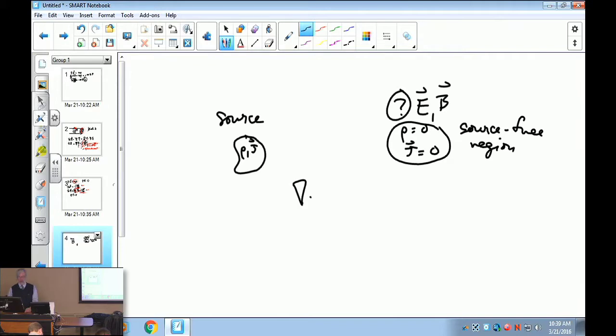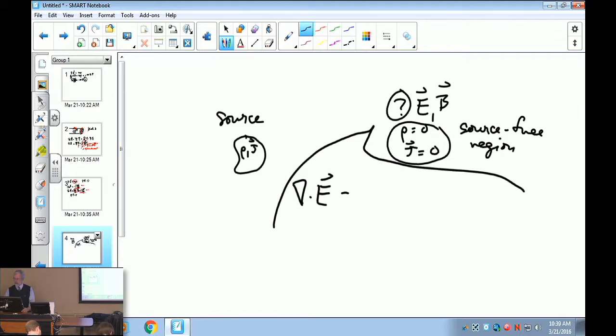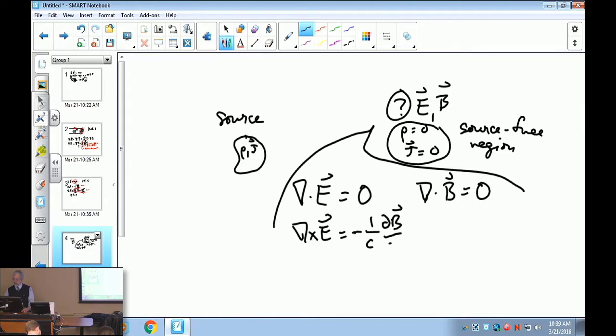Now let's look at those equations. I'm going to say that these hold only in this region. The divergence of E is 0, the divergence of B is 0. The curl of E is minus 1 over c dB dt, and the curl of B is 1 over c dE dt.